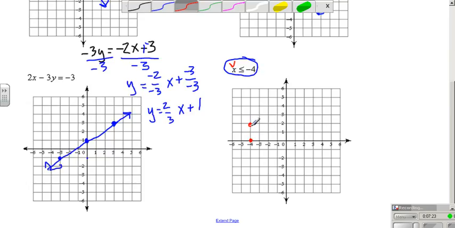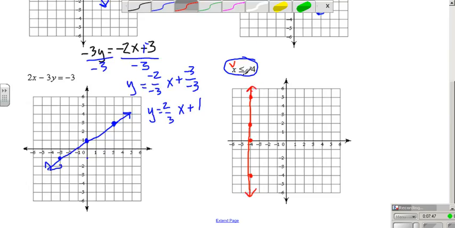If I go up here, that coordinate is at negative 4, 2. If I go up here, that coordinate is at negative 4, 5. This coordinate is at negative 4, 4. And so every x on this vertical line is negative 4.